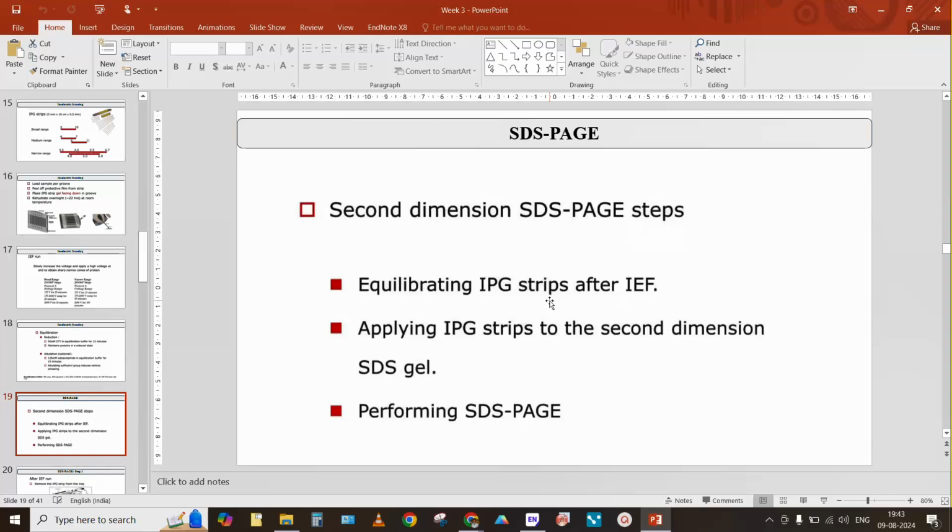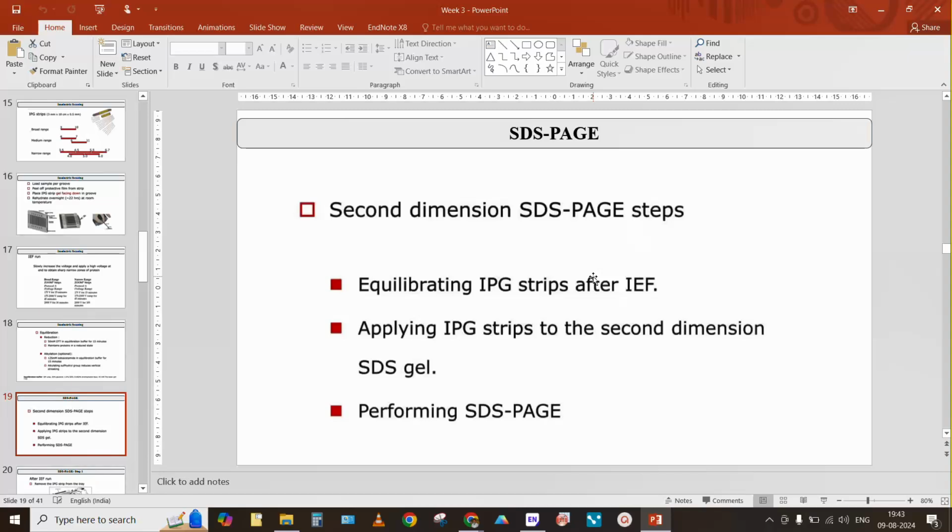So it has some key components, SDS and PAGE, the name coming from combining the two words SDS and PAGE. So what is SDS? SDS is a detergent that binds to proteins, denaturing them and giving them a uniform negative charge.